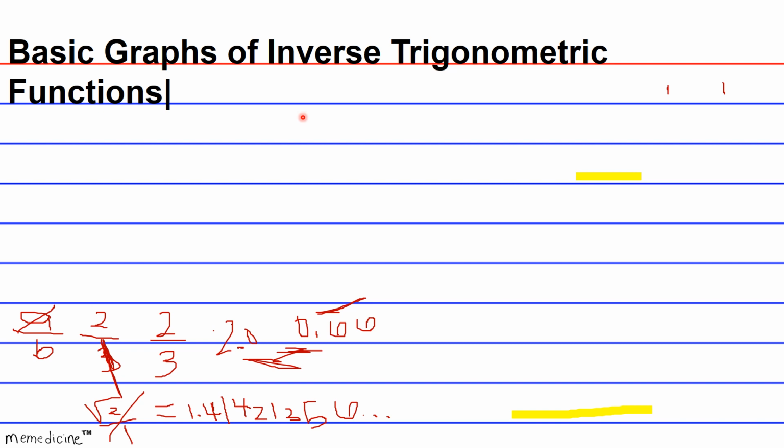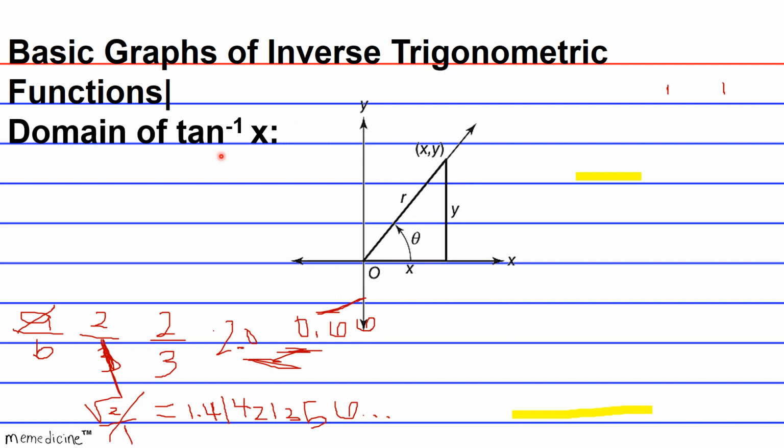Okay? All right, so let's delve into this. Domain of the inverse tangent of x. And when I say domain, the domain of the function is the set of all possible values of the independent variable, usually x, or the variable along the horizontal axis in a coordinate plane.